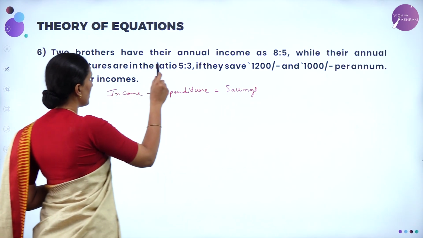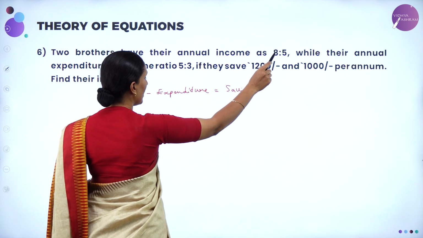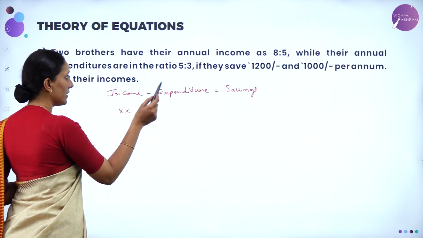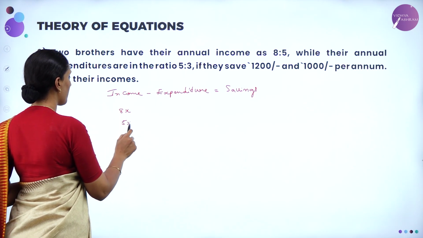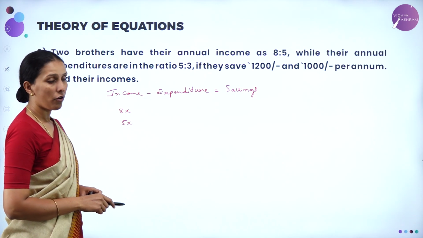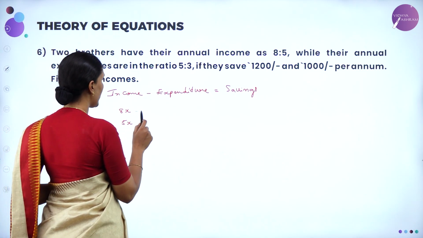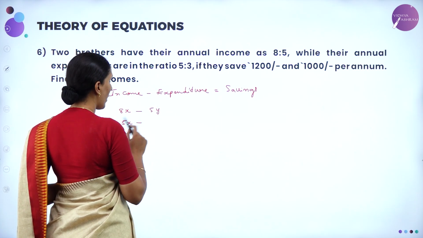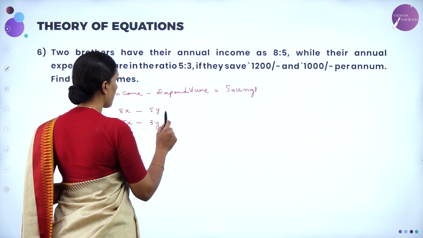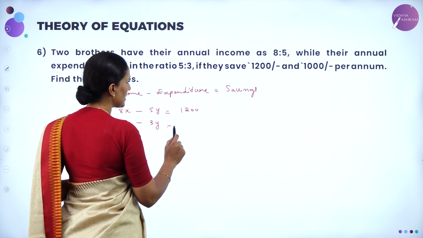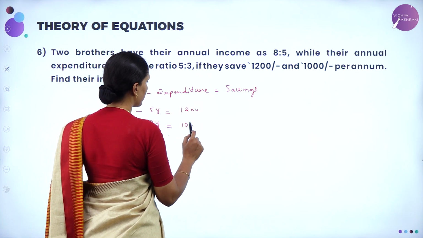Now, two brothers have their annual income in the ratio 8:5, so the annual income of the first person is 8x and the second person is 5x. And their expenditures are in the ratio 5:3. So let me take the expenditure as y. So then it is 5y, and for the second person 3y. The first person saves 1,200 and the second person saves 1,000.